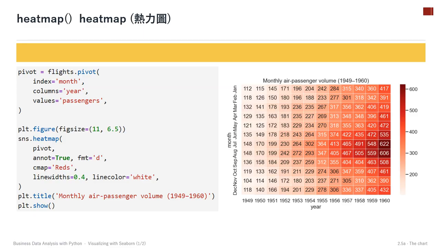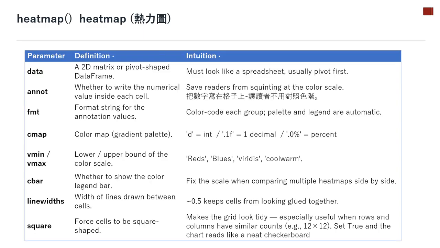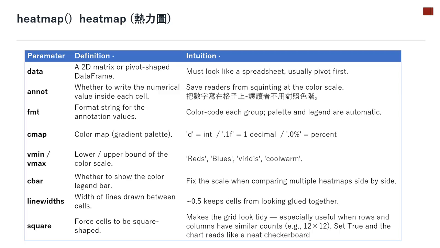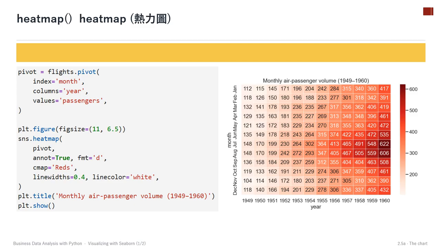We can check our previous page for what annot is. annot is whether we put the number on our box or not. And what is fmt? fmt in here is the format code for each number. So we can also set it up with this one, and also with cmap, vmax, all the things just depend on yourself.